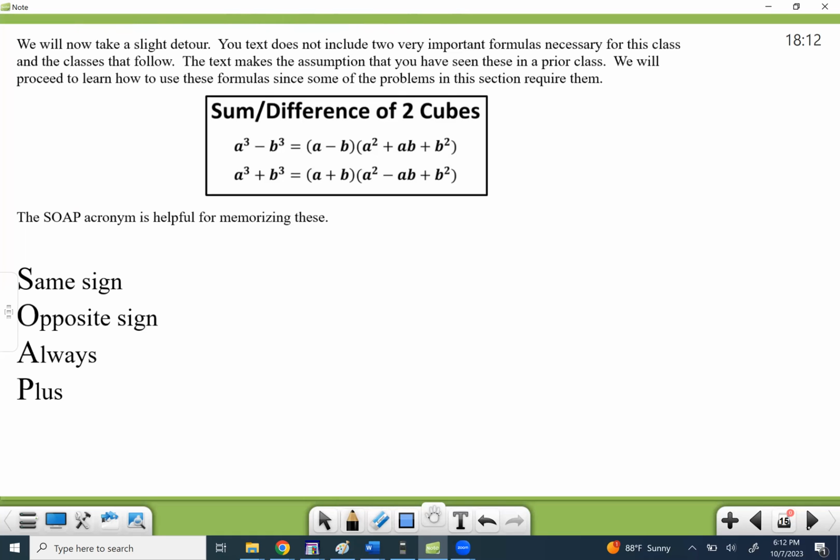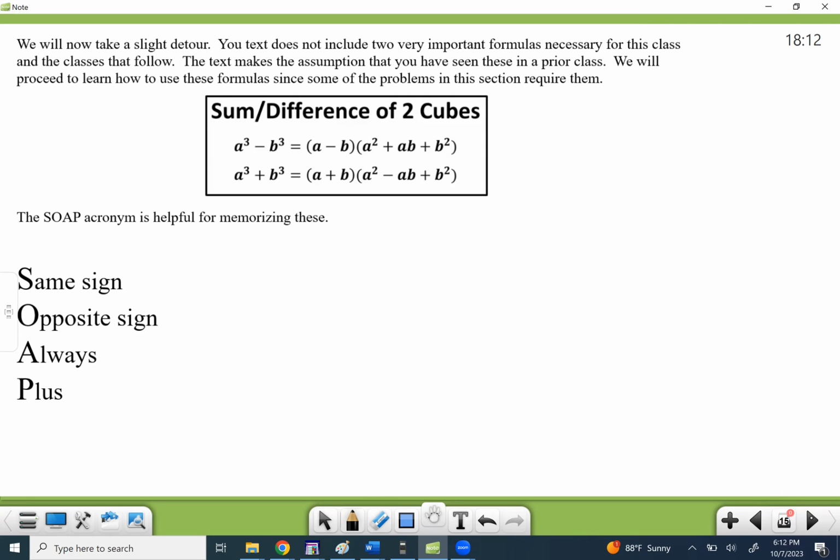So I'm going to make the assumption that this is actually new to a lot of you, okay? But I've noticed they give a ton of problems on the homework that use this. And we use this in calculus a lot too. I think week 1, we start off with limits and we have some with sums and difference of cubes. So I feel compelled to show you it. And I will assign some homework problems that have this in it.